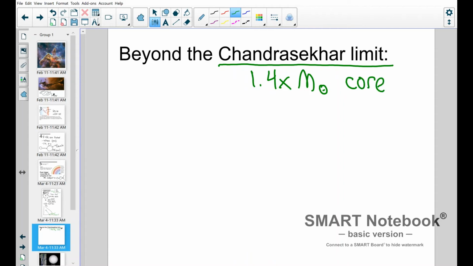That's after that cosmic burp, the outer layers are all gone. And beyond that limit, that electron repulsion isn't enough to stop the gravitational collapse. So this stellar core further squeezes inwards. The electrons are not enough to hold it from collapsing further because the mass is too much. And what happens here is in this collapse, this is where we get a supernova from.